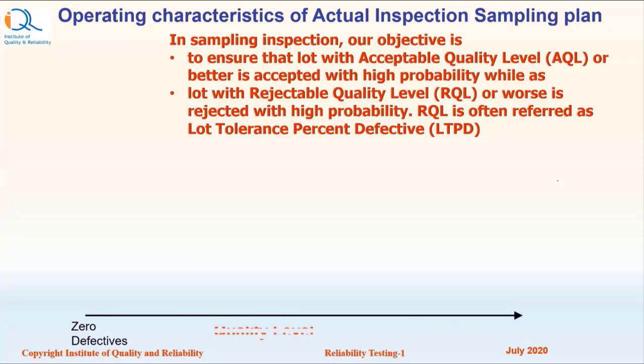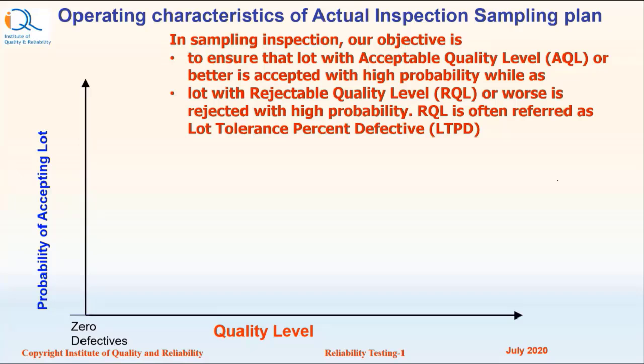So again, we have x-axis which is quality level, and on the left side we have perfect quality or 0 defectives, and on the y-axis we have probability of acceptance from 0 to 1. But now the curve will be falling monotonically. As you can see, the probability of acceptance goes down from 1 to a very low level as the quality level deteriorates.